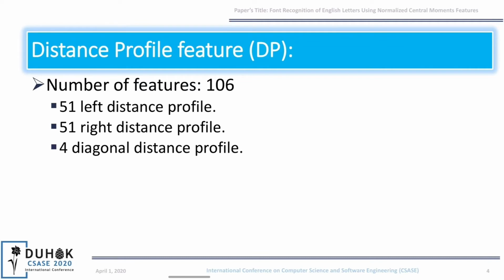And for the two diagonals, main diagonal and secondary diagonal, it calculates 4 features. For the main diagonal, top left corner and bottom right corner are calculated. And for the secondary diagonal, top right corner and bottom left corner are calculated. In total, we have 106 features.